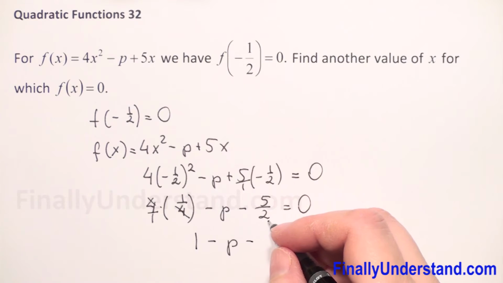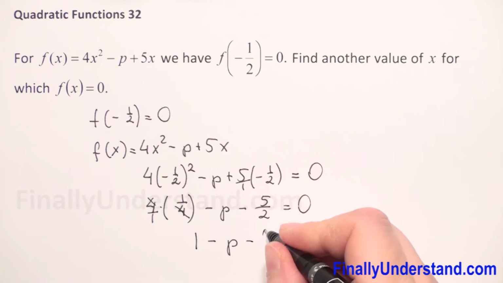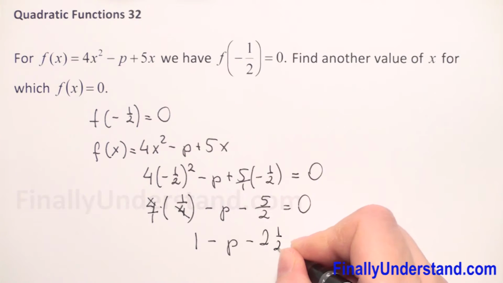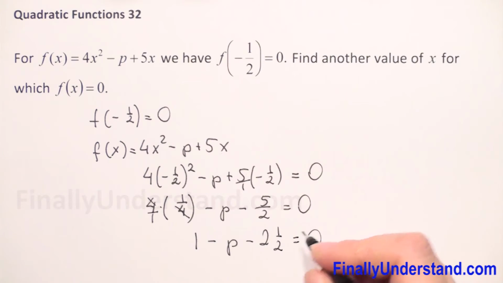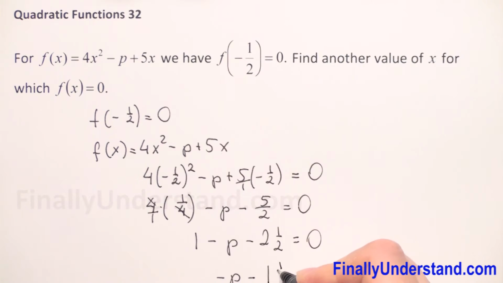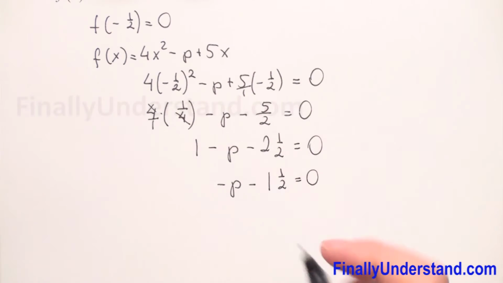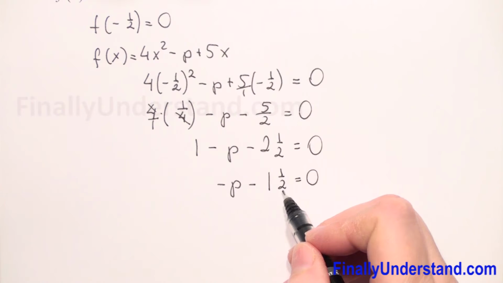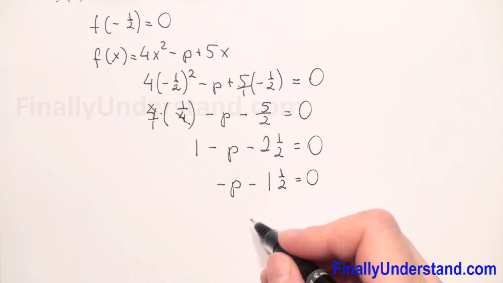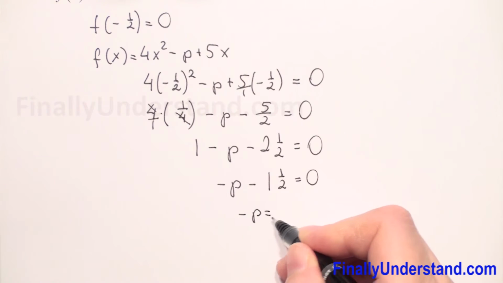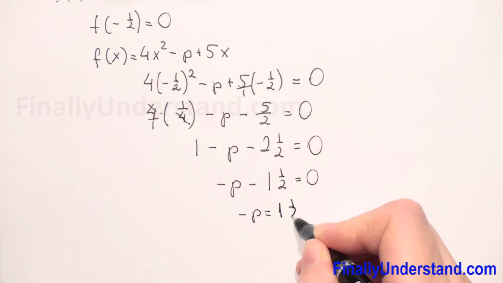This is an improper fraction, so we can change it to a mixed number. So this is 2 and 1/2. This is equal to 0. So negative p, we have 1 minus 2.5, so this is negative 1 and 1/2. This is equal to 0. Now I will move negative 1 and 1/2 to the right side. So we have negative p is equal to 1 and 1/2.